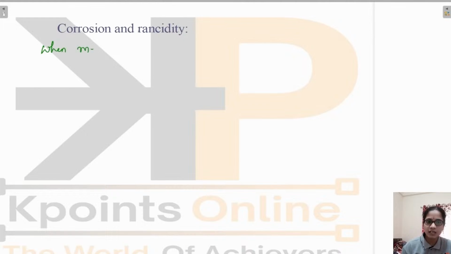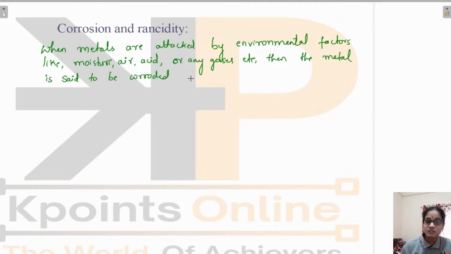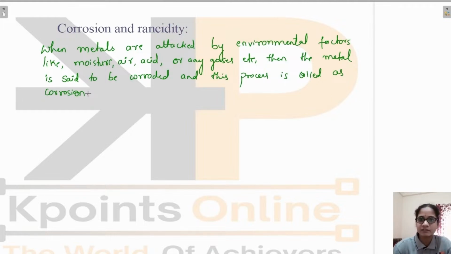When metals are attacked by environmental factors like moisture, air, acid, or any gases like carbon dioxide, sulfur dioxide, etc., then the metal is said to be corroded, and this process is called corrosion. It means there is a deterioration of the metal, the quality of the metal decreases as its outer layer becomes corroded.